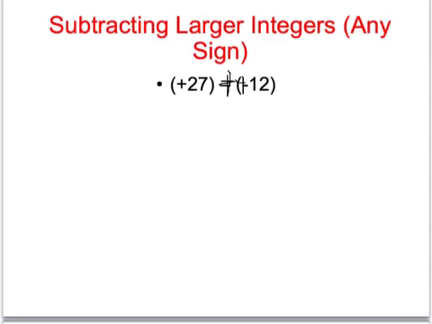So in math, we try to find tricks or techniques to help us make it easier, or at least related to types of questions that we are comfortable with and can do very easily. If I add positive 27 plus positive 12, then I get positive 39. Okay, so subtraction could be tricky, but I'm going to use addition since it's much simpler, and use my absolute values when I need to.